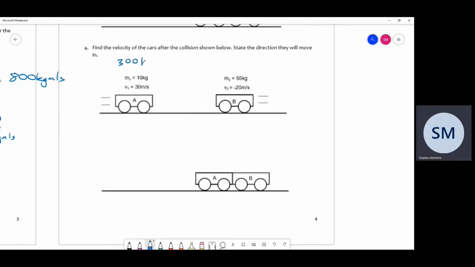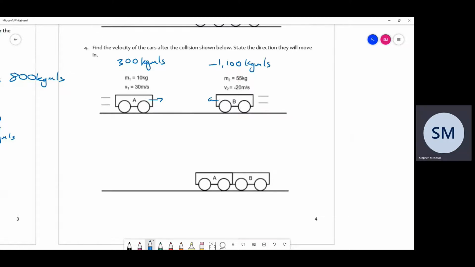And we just keep on doing this. The only difference between what we've done in the past and what we're doing now is we have got this object moving in another direction, in the opposite direction. M2 is 55, V2 is minus 20 meters per second, giving me a momentum of negative 1,100 kilogram meters per second.